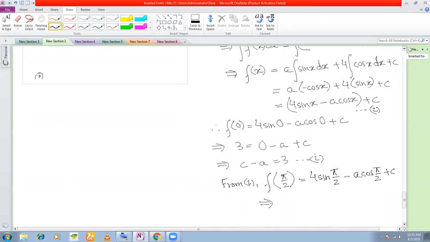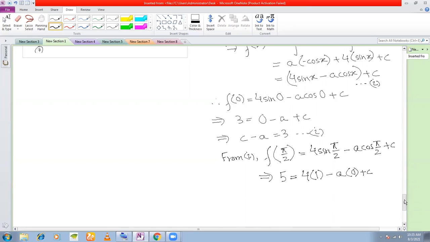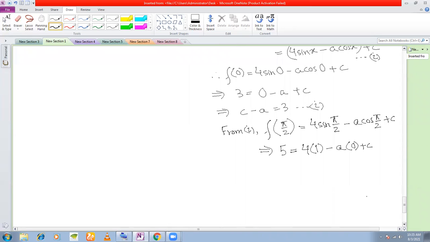And what is the value of f pi by 2 that is given to you? It is given to you as 5. And what is the value of sin pi by 2? Sin pi by 2 is 1. Cos pi by 2 is 0, plus c. Okay. So you get 5 is equal to 4 plus c. So you get c is equal to 1.